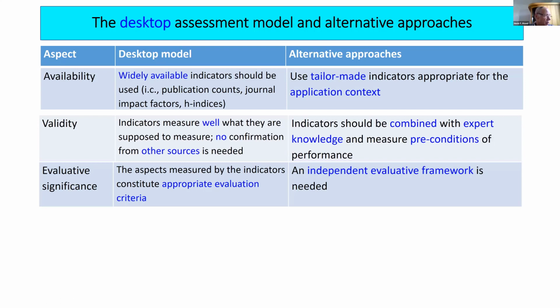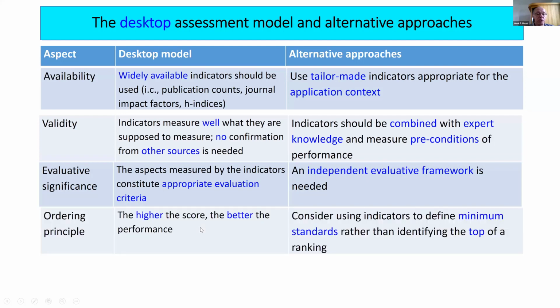This happens often. There is evidence that some managers use journal impact factors simply because they have nothing else available. So they assume that they are useful in the same way as they could be useful to assess journals rather than individuals. And I think, as I said in the earlier slides, that it is important to have an independent evaluative framework.